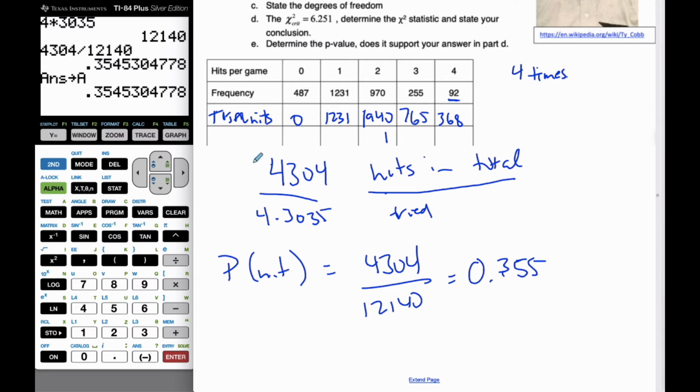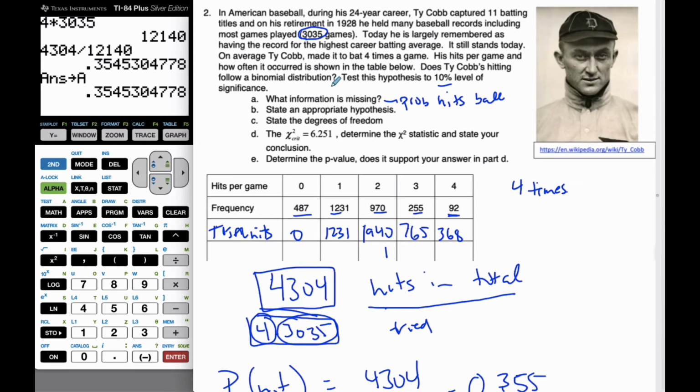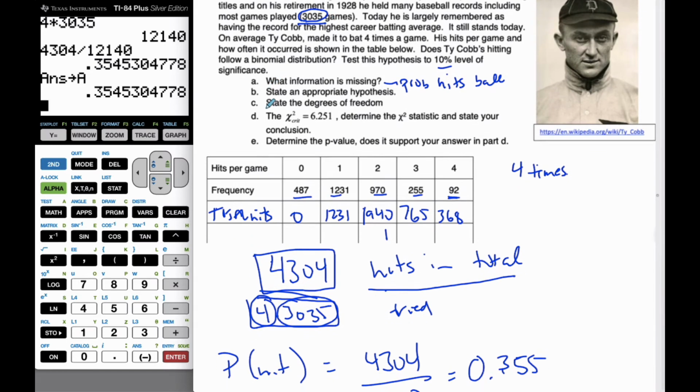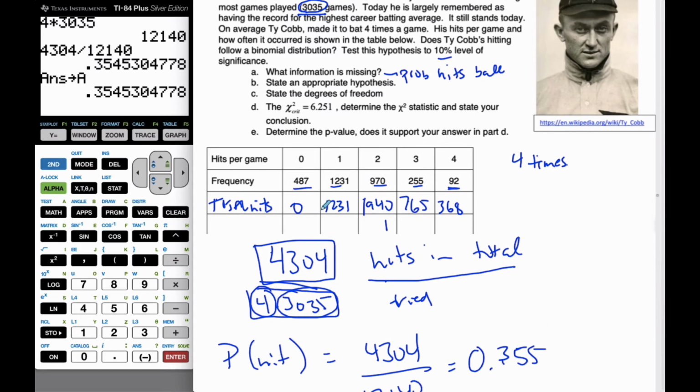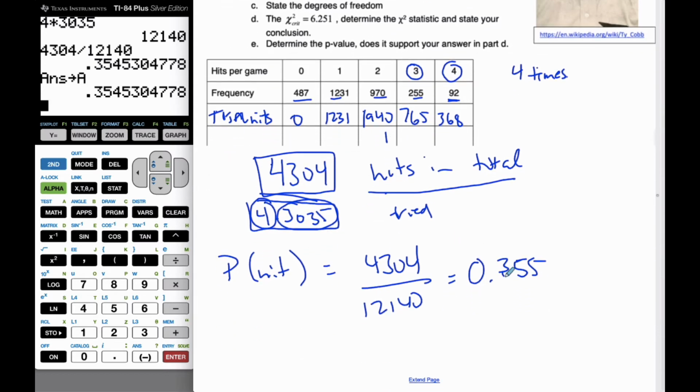And so this is the total number of hits, and this is the number of times he tried, because each game he tries 4 times, and he plays 3,035 games, which is all of these numbers added up, or I can read it from this here. So getting this initial probability of total hits is not straightforward. You have to understand that this is 4 out of 4 attempts, this is 3 out of 4 attempts, and so on and so forth. So now we have the probability of hitting the ball is 0.355.